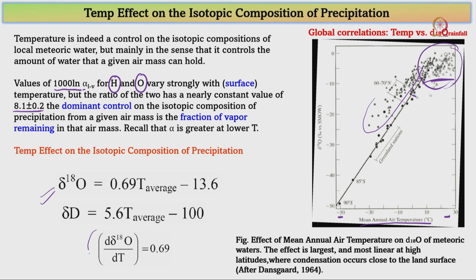And this ratio of the delta 18O and the changing temperature remains very constant at 0.69 at the higher latitudes. This remains a very strong correlation.